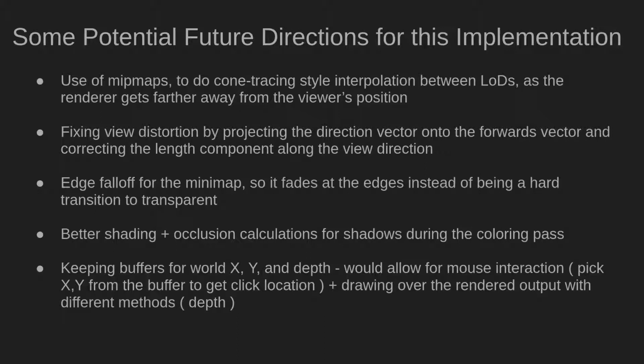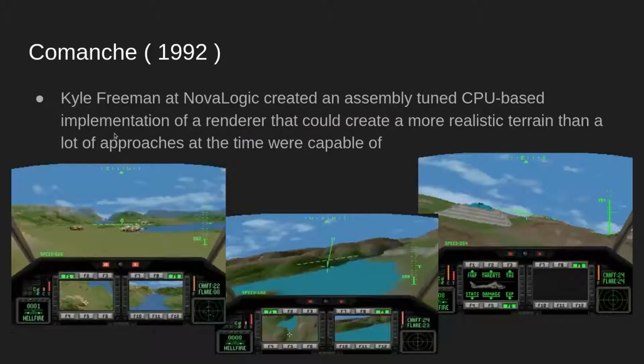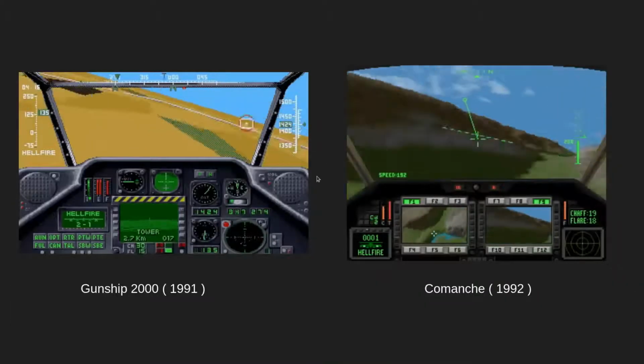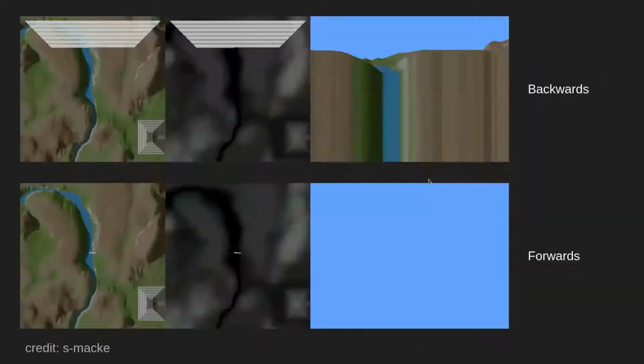But then something else that I thought about, because especially Outcast did polygonal rendering over top of this. And if you notice back a few before that, there's actually sprites rendered over top of the world in this game, Commanche.